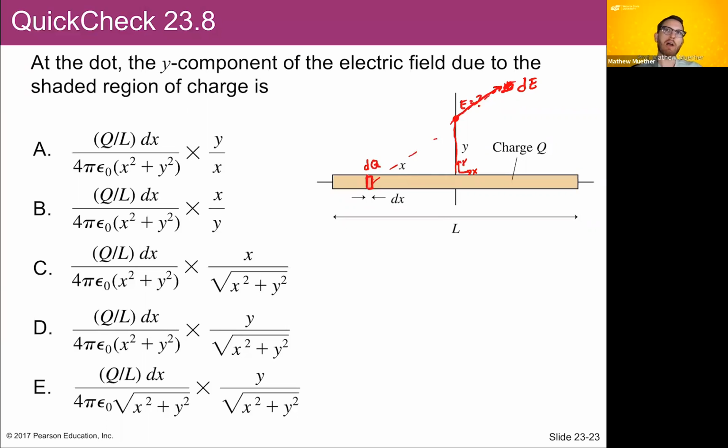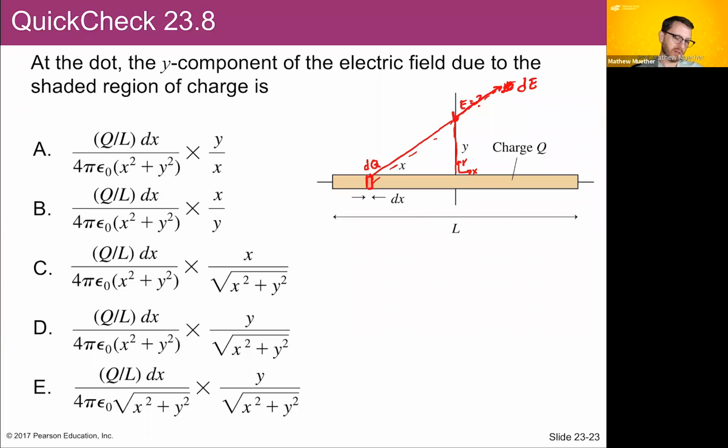And we know how to calculate that because essentially it's a point charge, and so we already know the functional form of the electric field from a point charge. It's just going to be 1 over 4 pi epsilon naught, the amount of charge divided by the distance squared. What is the distance here? The distance is this distance that I have to calculate. Well, what is that distance going to be?